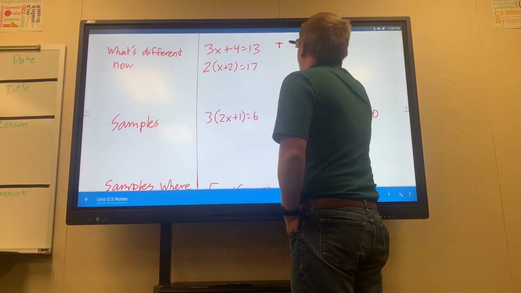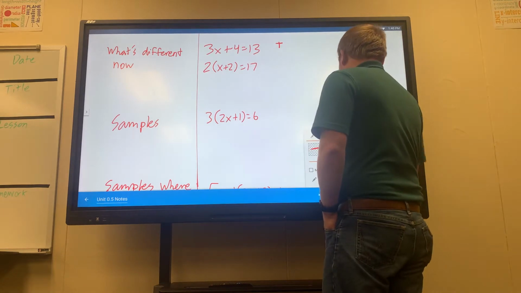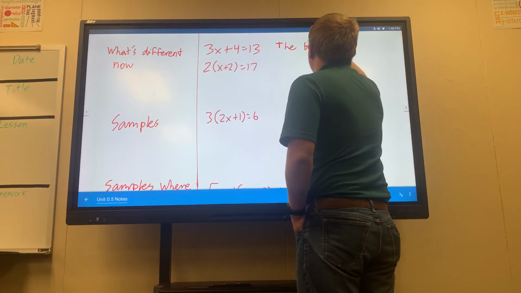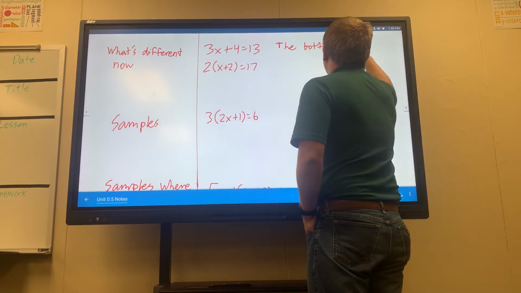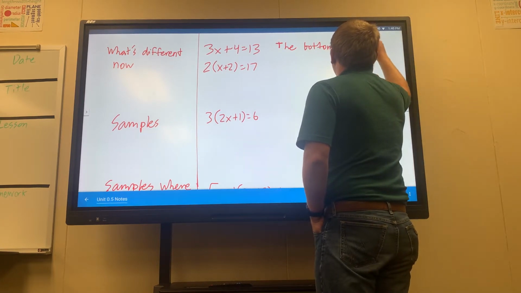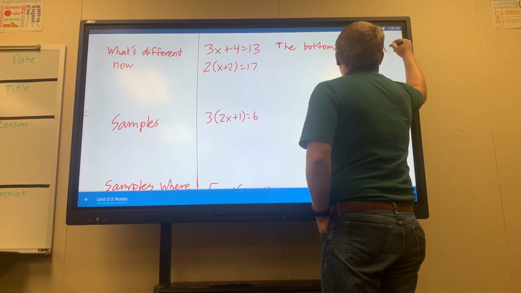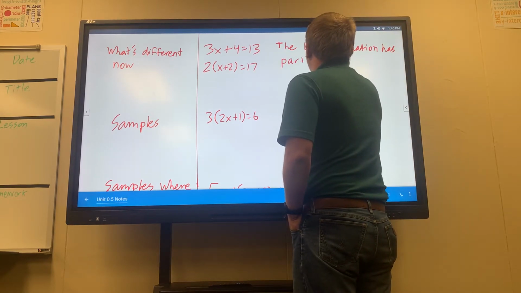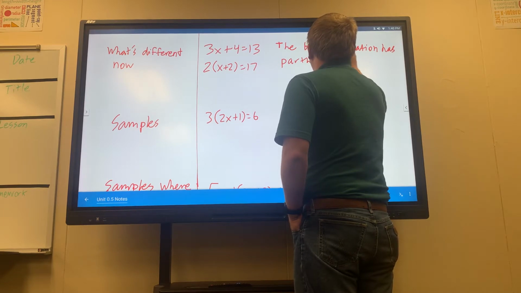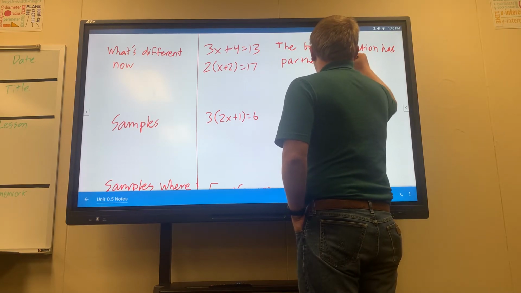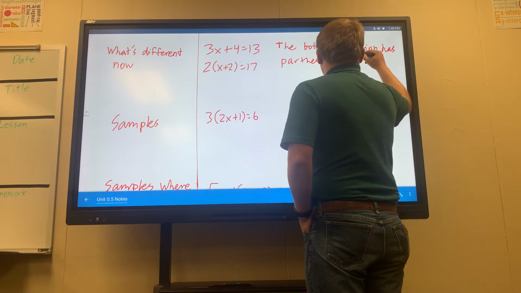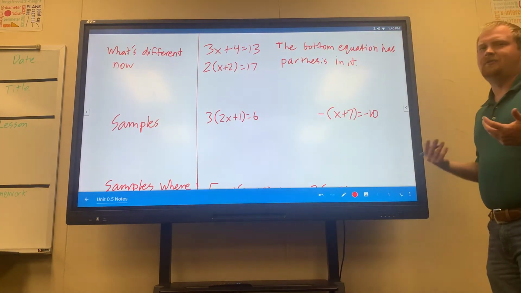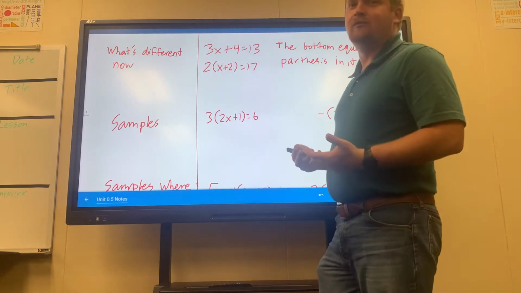So what we're looking for is that the bottom equation has parentheses in it. Okay? So we have parentheses involved.